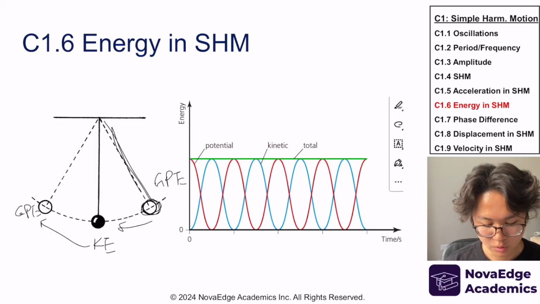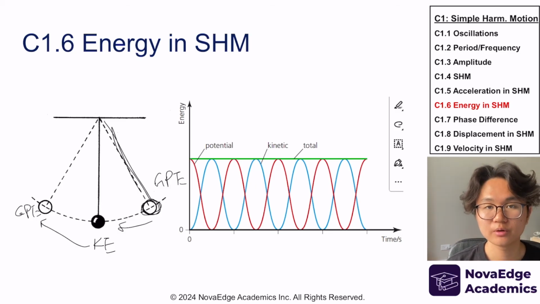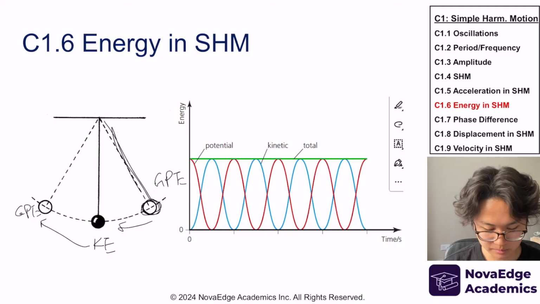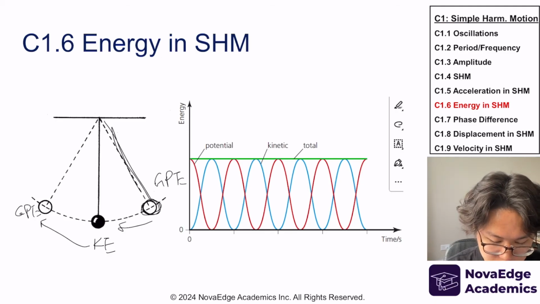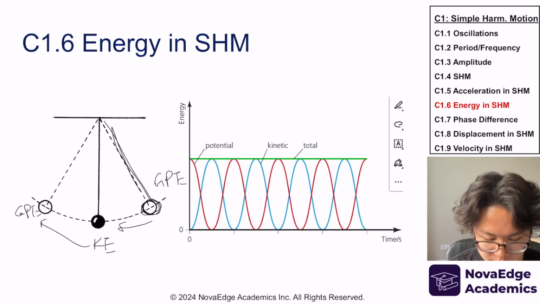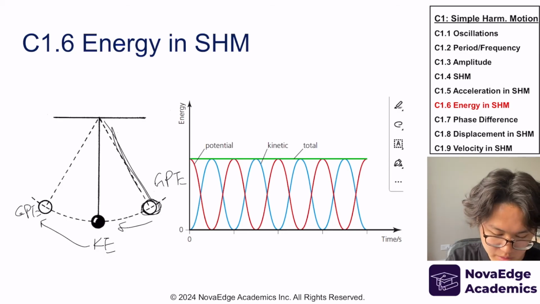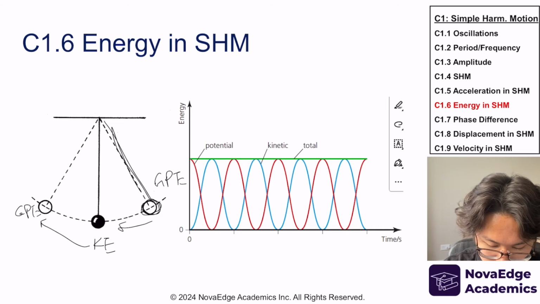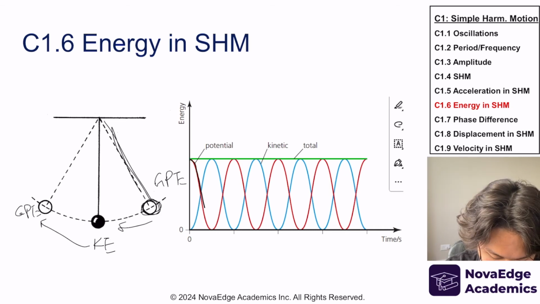Now, of course, this is a very idealistic case, because if you have friction or air resistance, which we do in real life, then you're going to lose some of that potential energy and kinetic energy each oscillation. So in real life it might look like this.